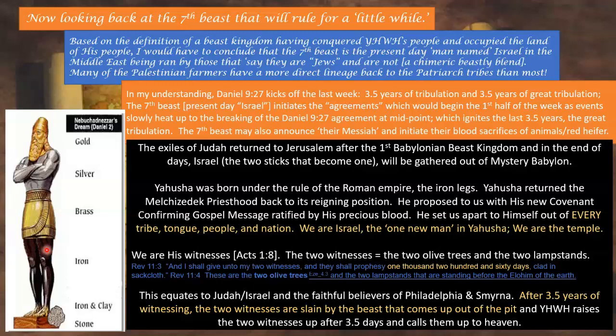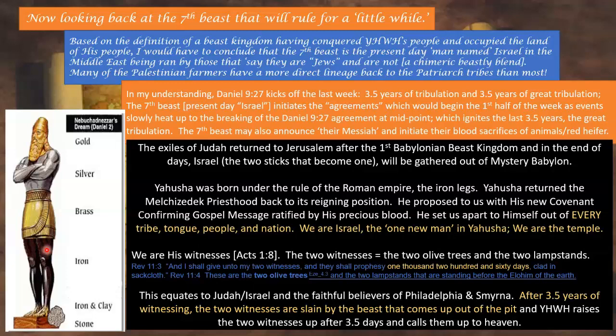Now, in Revelation 11, it defines who the two witnesses are. The two witnesses are the two olive trees and the two lampstands. We read about that in verse 4, but let's start with verse 3. "And I shall give unto my two witnesses, and they shall prophesy 1,260 days, clad in sackcloth.